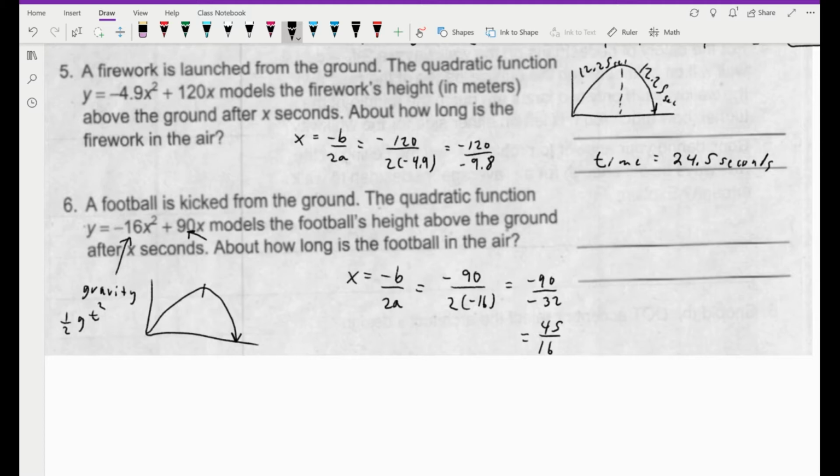And that would give us a decimal, but we could leave it as a fraction as well. 16 goes into 45 2 times, which is 32. Let's see, 45 minus 32, you get 13. So it's 2 and 13/16 seconds, which is half the time. So if we double that, we'll get the total time in the air. So we're going to have to add another 2 and 13/16 seconds.